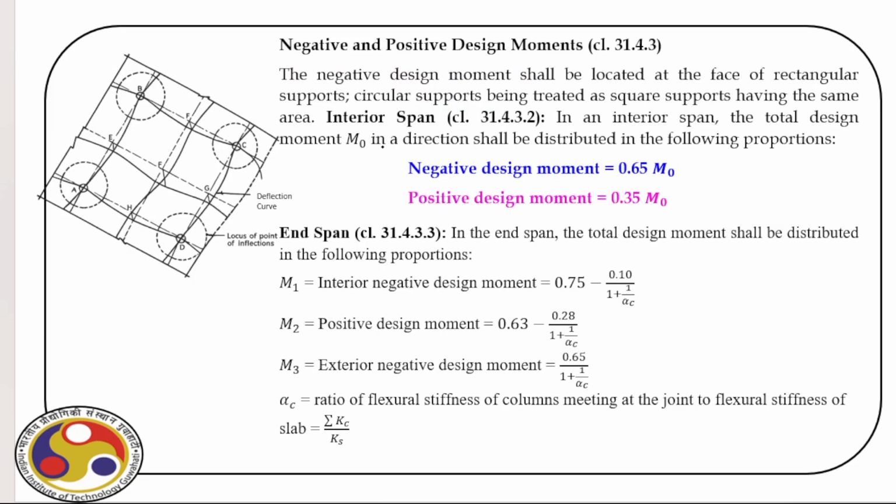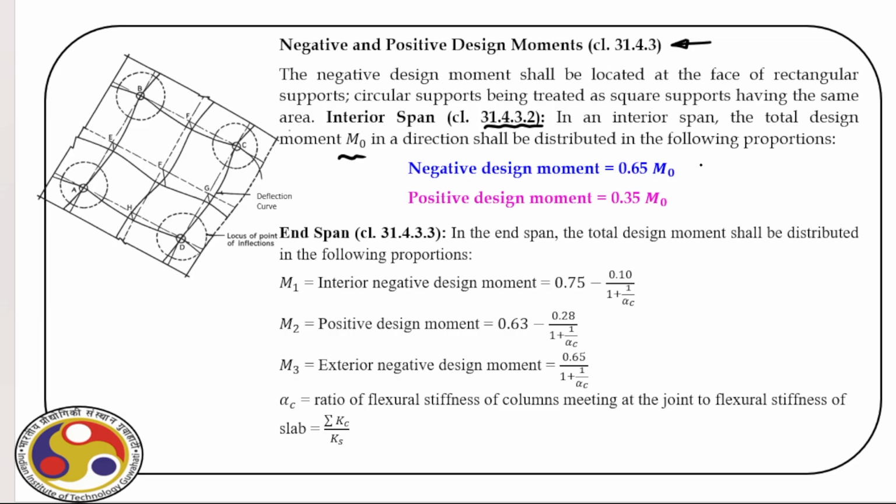Now, the moment we calculate total moment, next comes the question of negative and positive bending moment for hogging and sagging, which is given in clause number 31.4.3. So, the negative design moment shall be located at the face of rectangular supports, circular supports being treated as square support having the same area. Now, for interior span, clause number 31.4.3.2, there the total design moment M0 in a direction shall be distributed in the following proportions.